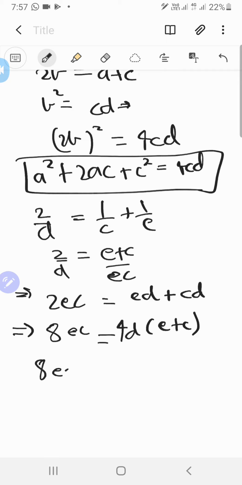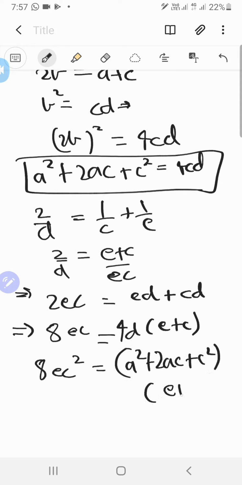So 8EC squared is equals to 4CD times E plus C, but 4CD is this thing. So A squared plus 2AC plus C squared into E plus C. I can write it as A plus C whole squared, but that's fine. This will work as well, I think.